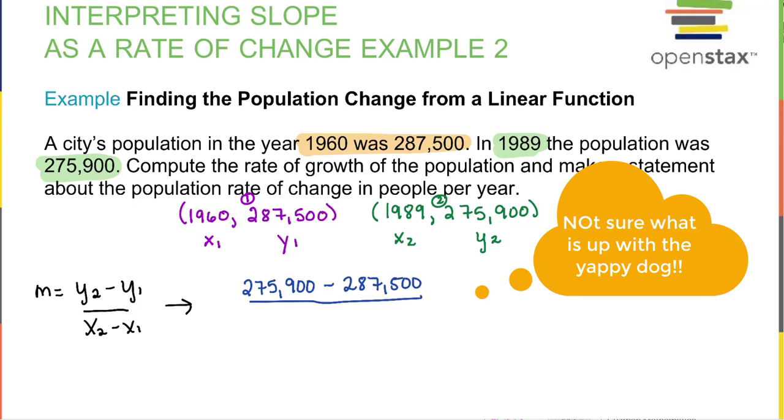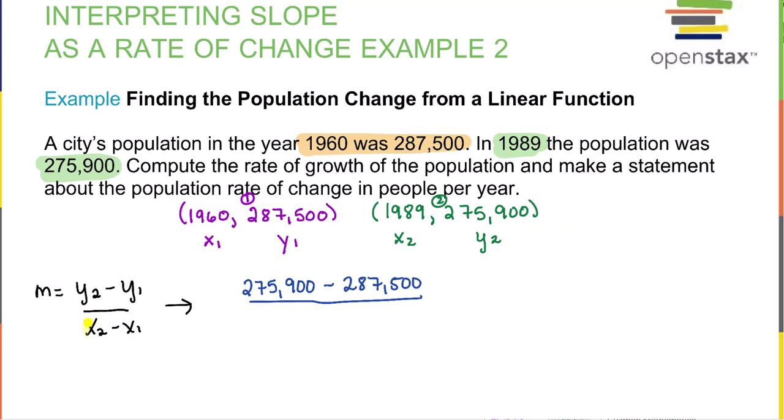And then that is divided by x2 minus x1. x2 is 1989, minus x1, which is 1960.